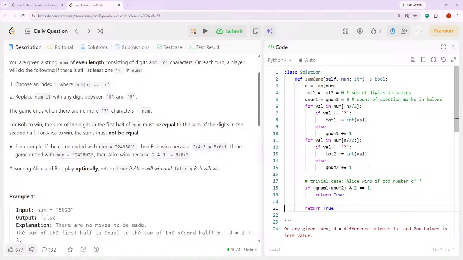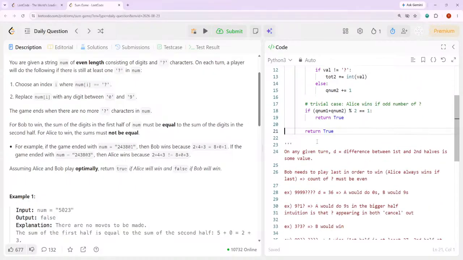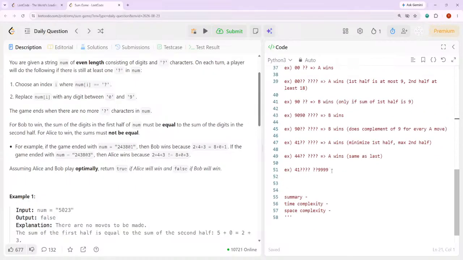actually, did I solve all the even cases? What if there's 1 and 3? What if it's like 9, question 3? Actually, I didn't solve this, huh? I feel like here Alice would win, right? Because Alice would do 9 in the first half.